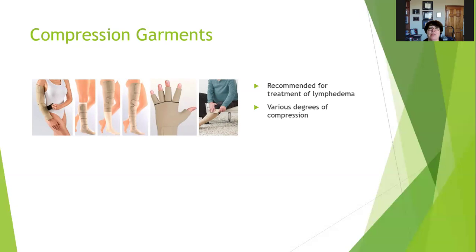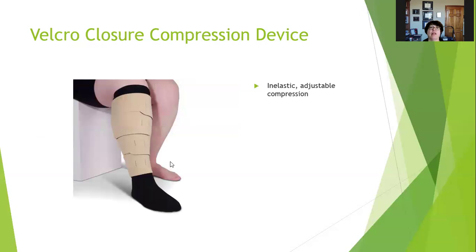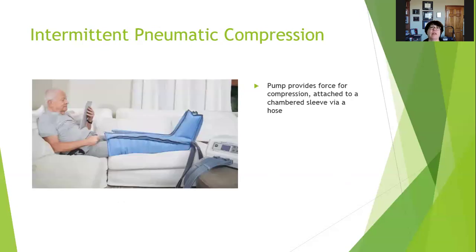So those are custom for each person. A Velcro closure compression device is inelastic and adjustable, so a lot of times people will use that as their continuing garment after they finish therapy.